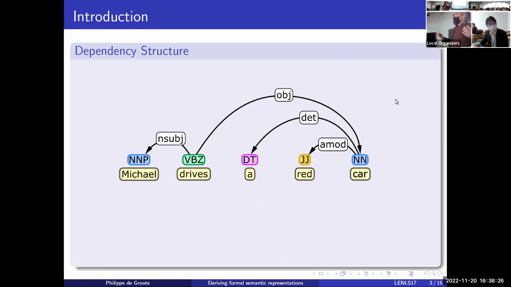For ungrammatical sentences or incomplete sentences, it already gives some dependencies. And from those dependencies, you may guess a part of the meaning.